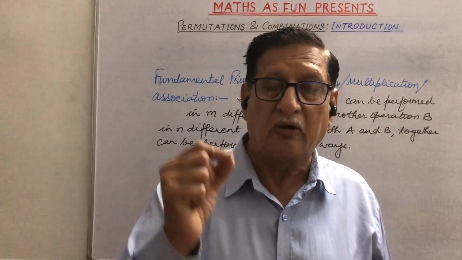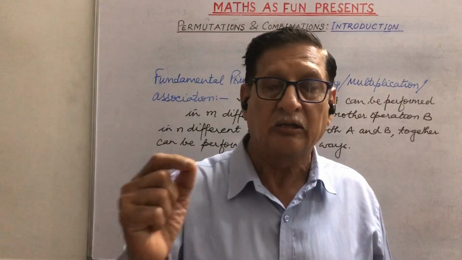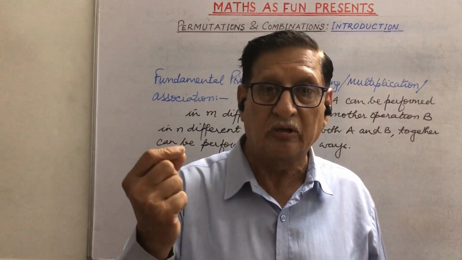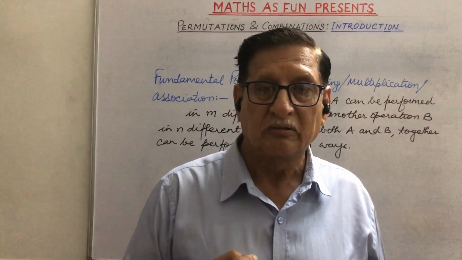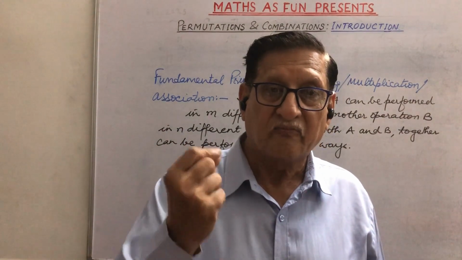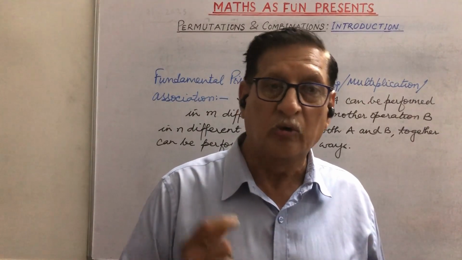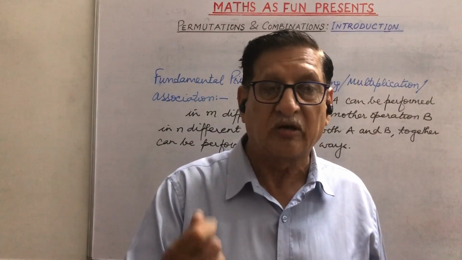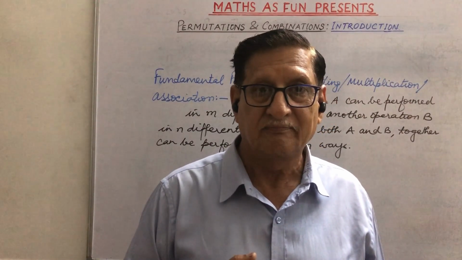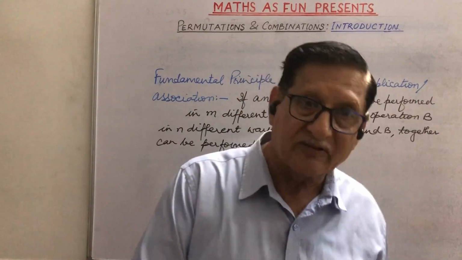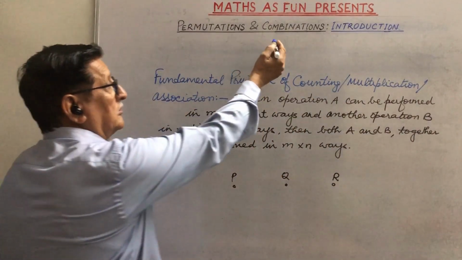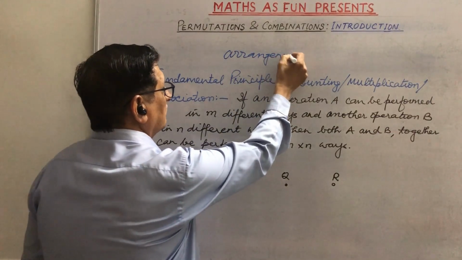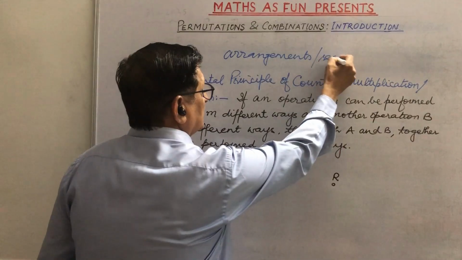Actually, the beginning of this comes with the fundamental theorems, and these fundamental theorems are based on multiplication, which is known as the fundamental theorem of counting, or the fundamental theorem of multiplication, or also the fundamental theorem of association. What is it? As we have learned, in permutations and combinations we have different arrangements, or we have selections.